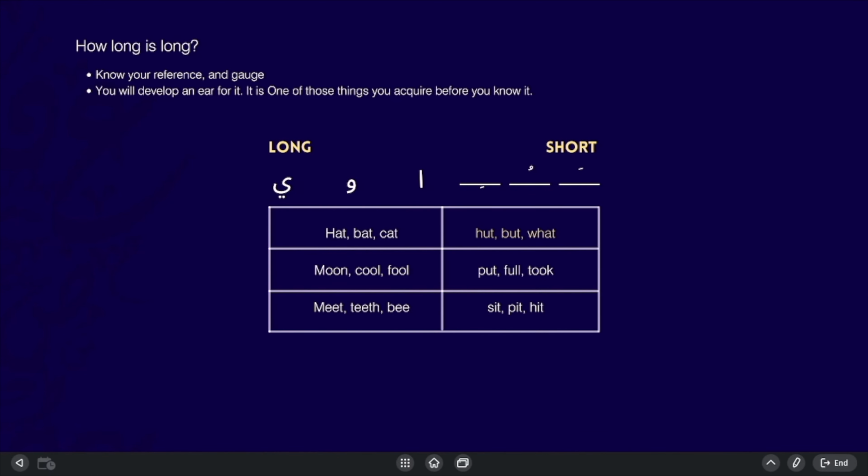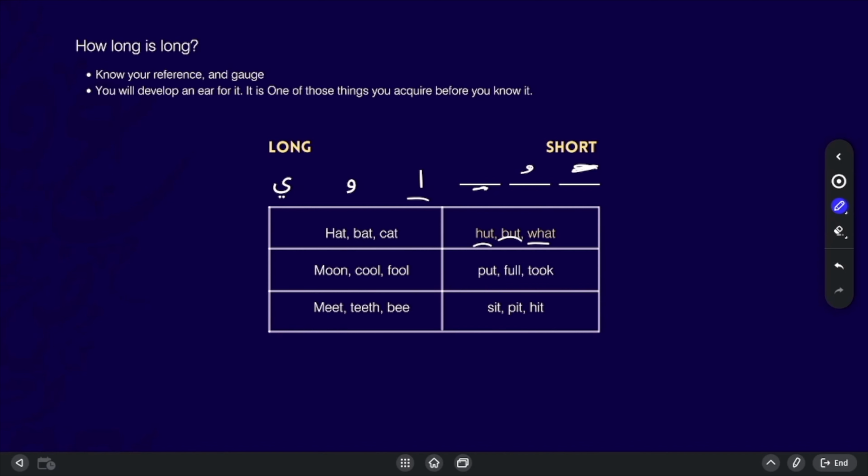Now we reach the important question. How long is long? As we've seen, a, u, i are short. You add the long vowels, you receive aa, uu, ii. For example, a would be something like hut, but, what.